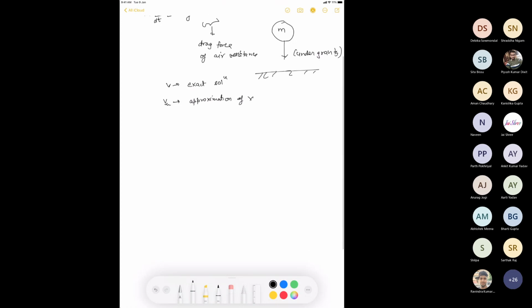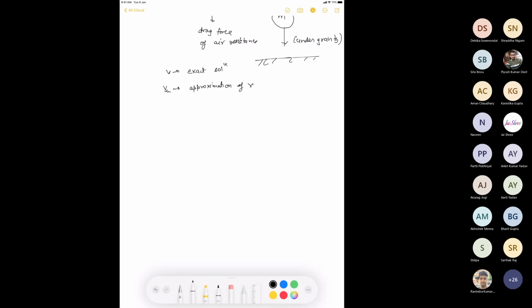And what we try to analyze is how well this Vh approximates V, right? So that we will see in the error analysis, but that is only one of the errors we have in numerical analysis. There are many ways an error can occur when you're analyzing numerical methods. So let's see what kinds of errors we can have in numerical methods.